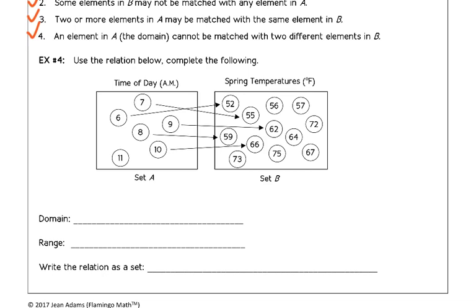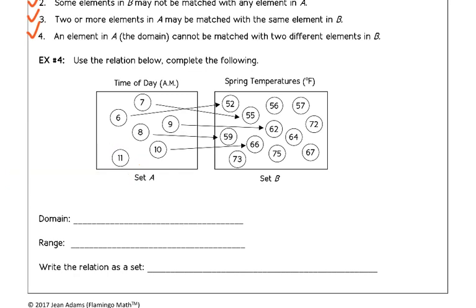It looks like set A here in my domain. I know that we cannot have any lonely elements of our domain, right? Is there anyone in our domain who doesn't have a friend in our range? Yes. This number 11 is all by himself in the domain. Therefore, this is not a function.